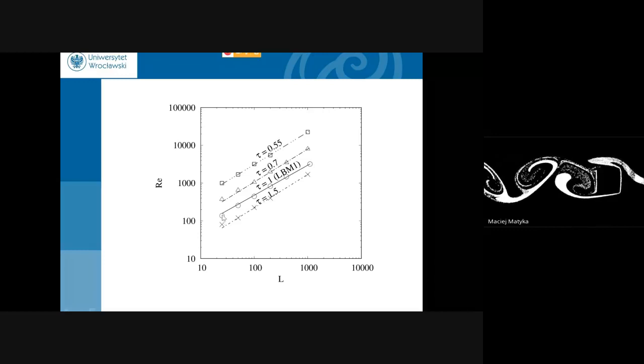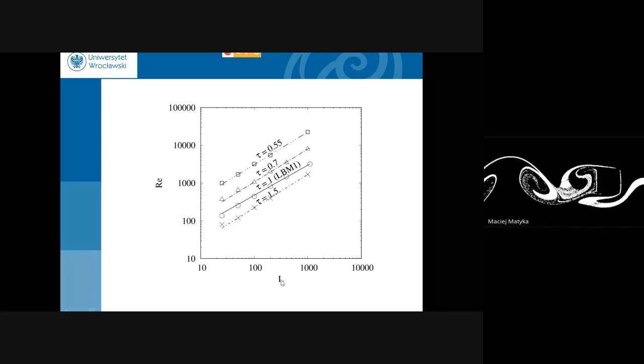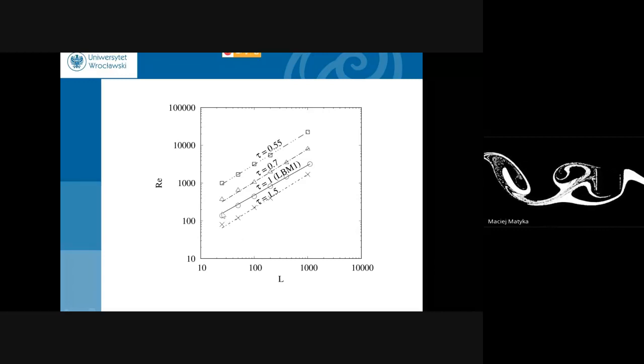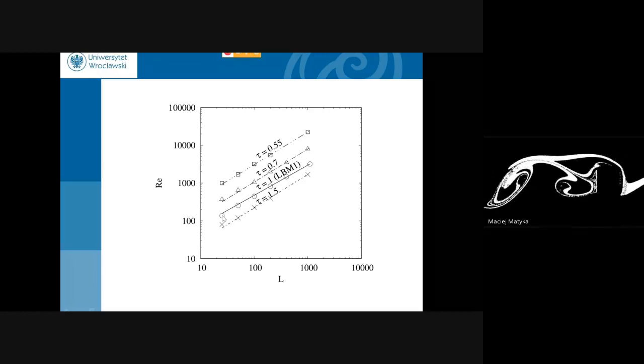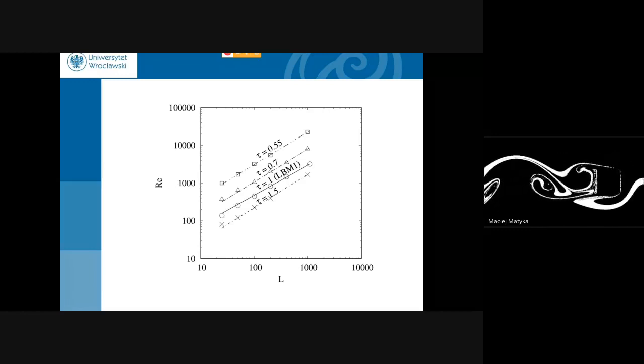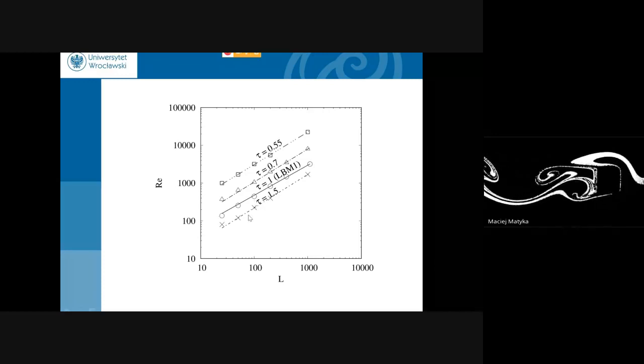If for a given Reynolds number and at a given lattice size the simulation was unstable, then I didn't plot the point. So the point shows you the largest Reynolds number for a given lattice size, and you can see the scaling for each of the tau.